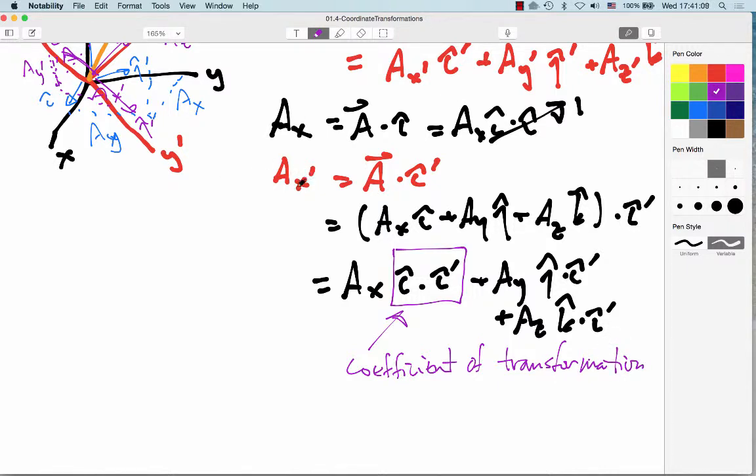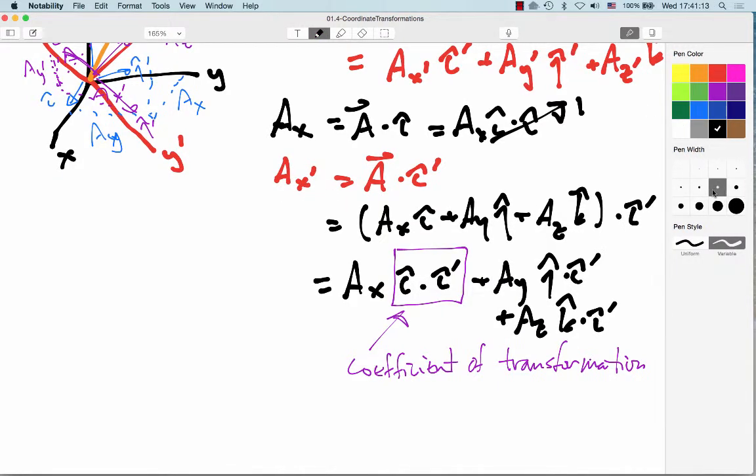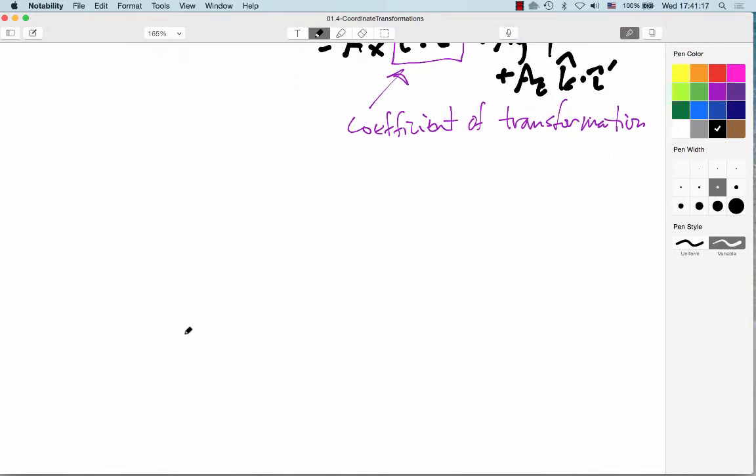And we could do this game similarly for the y prime and the z prime components, but I'm not going to write it out. So if we think of doing things in matrices, we remember that one way we can represent a vector is as a column, so Ax, Ay, Az, like so.